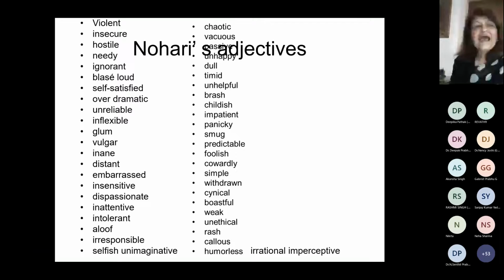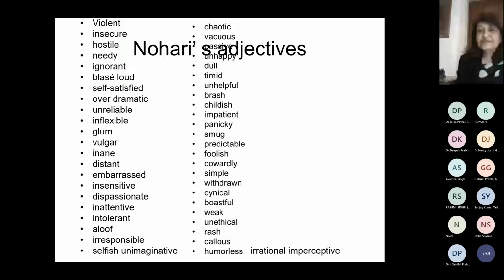And after that, with Johari's window and the Johari's adjectives and Nohari's adjectives, we will learn to address the blind spots. Okay, these are the good points that people think of me.